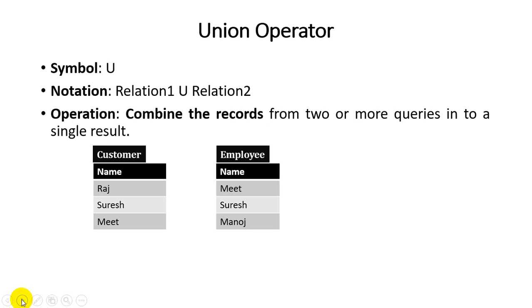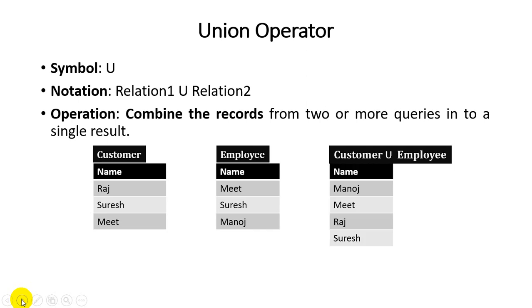If we apply the union operator on these two relations, the combination of records is the final result. Raj, Suresh and Meet are in the customer table, and Meet is a common record, so it should be neglected. Then Suresh and Manoj, so there are a total of 4 records in the union result. Union removes duplicate records. So in the above example, the duplicate Meet is removed from the final result.